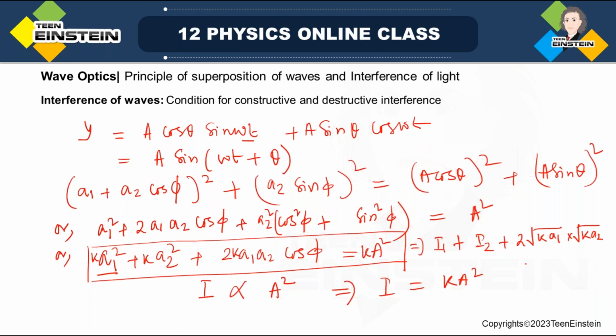Sorry, root over I1. Let me make it clear again, just a minute. This term I'm writing here as root k a1 whole square.